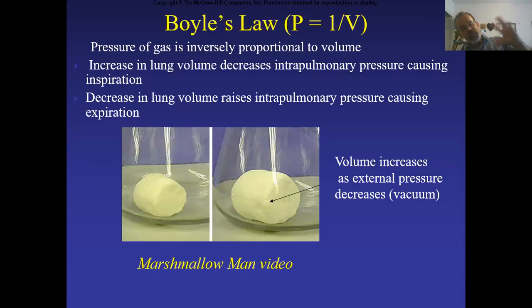When those two muscles contract, diaphragm and external intercostals, that causes the volume to increase, which decreases pressure. When those muscles relax or even relax even more so, what happens? That causes the volume to decrease, which causes air to be pushed out.